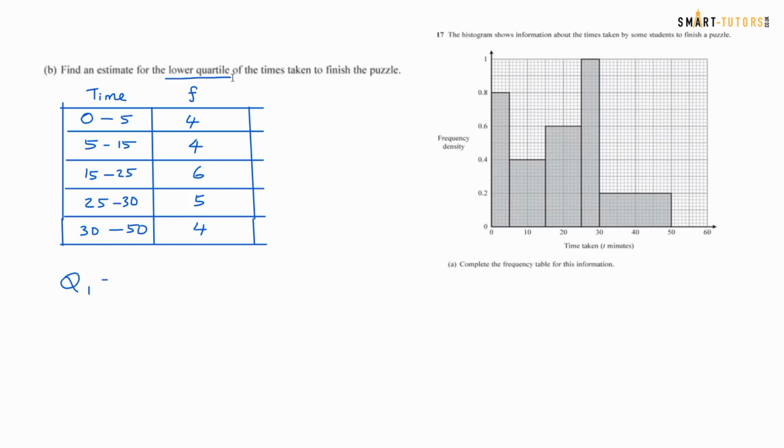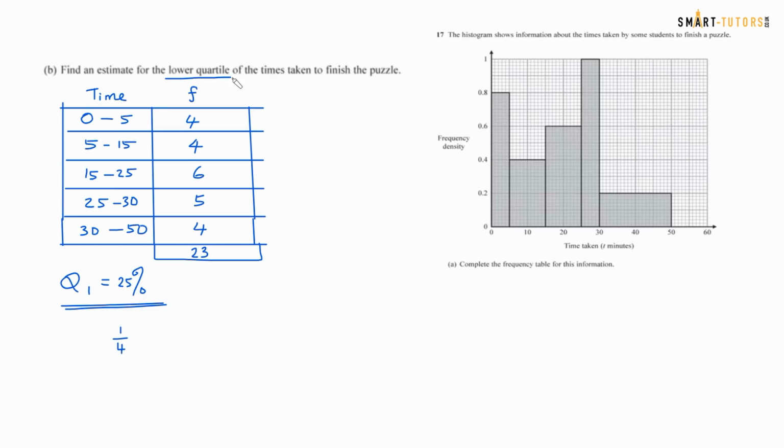Q1 is the 25% of the data. So how can we find the total number of data? We can add up the frequency column. 4 plus 4 is 8, 14, 19 plus 4 is 23 people. So 23 is the total number of people.